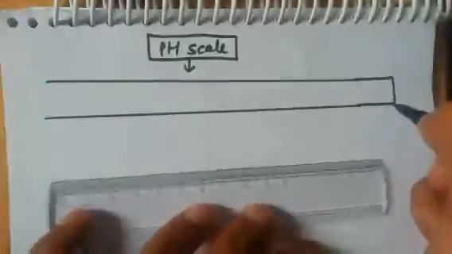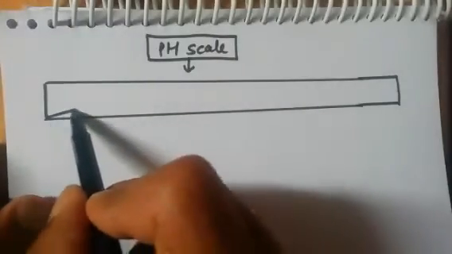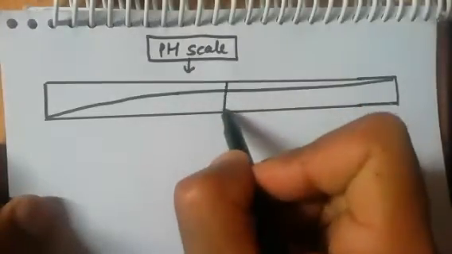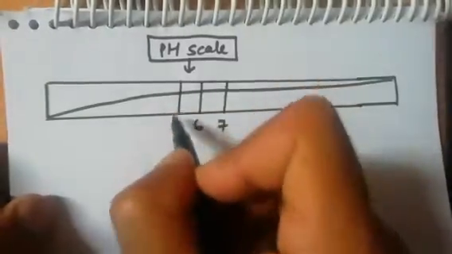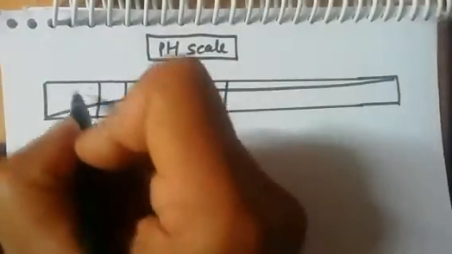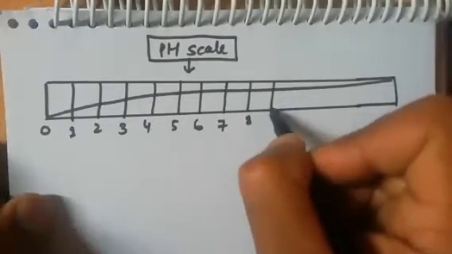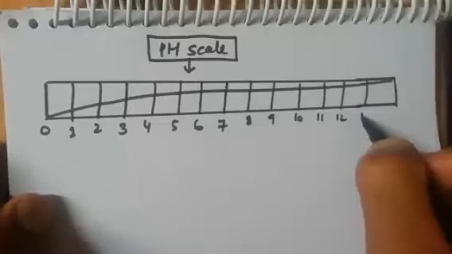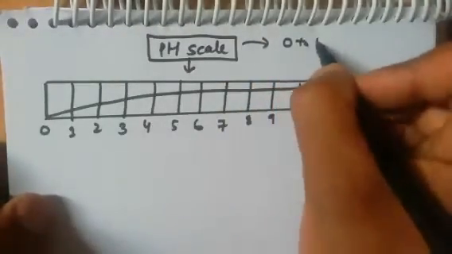Suppose I am making the pH scale, it is a simple scale like this: here 7, this is 6, 5, 4, 3, 2, 1 and 0, and on this side 8, 9, 10, 11, 12, 13, 14. It means that generally the pH scale range is 0 to 14.